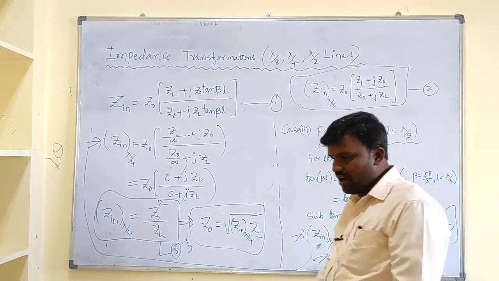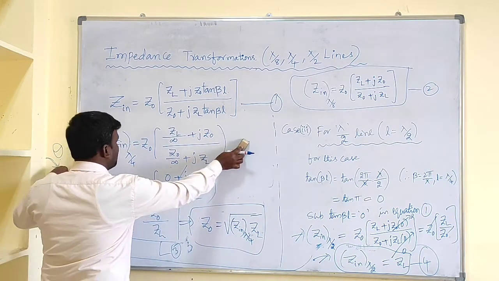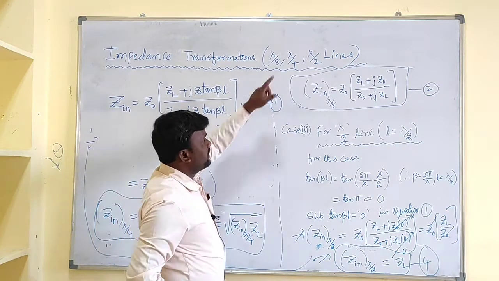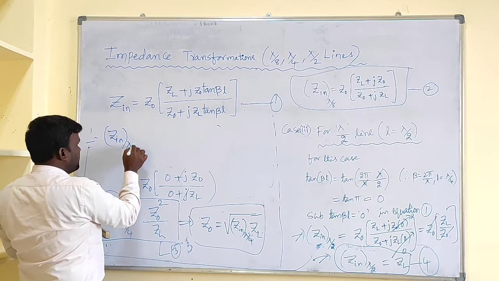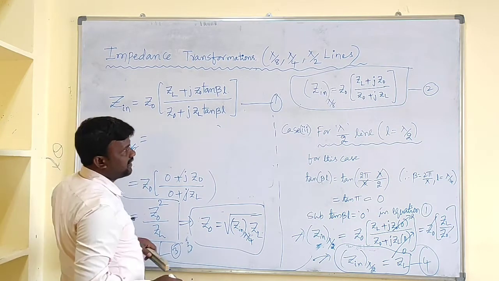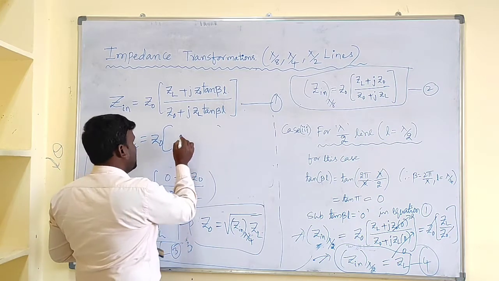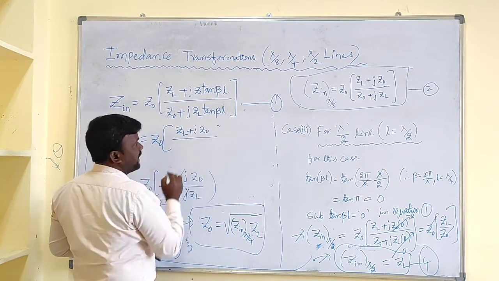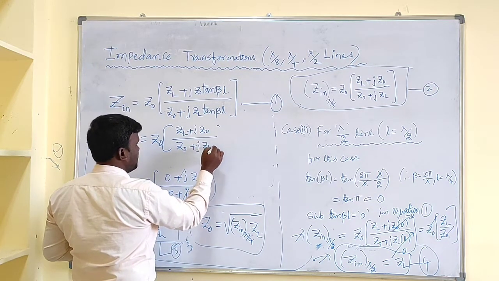Now let us write all these equations in one place. Equation 1 is like this. And the equation for the input impedance of the lambda by 8 line, which is equation number 2 and which we already derived, is Zin lambda by 8 equal to Z naught into ZL plus JZ0 by Z0 plus JZL.